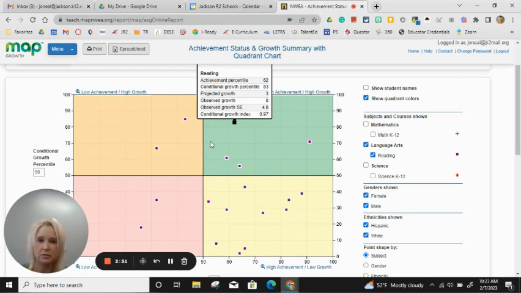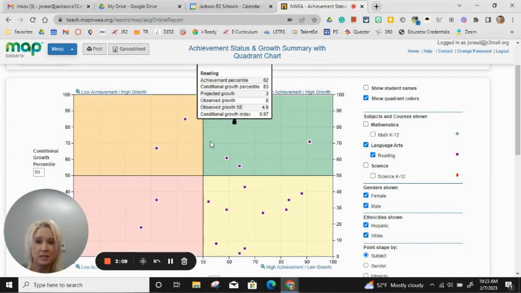The conditional growth percentile is a number that NWEA uses to compare students with their starting points and their weeks of instruction between testing, just to give you a better comparison data.